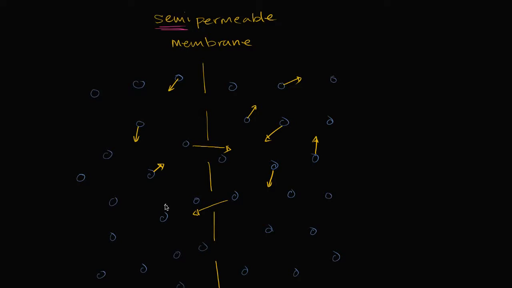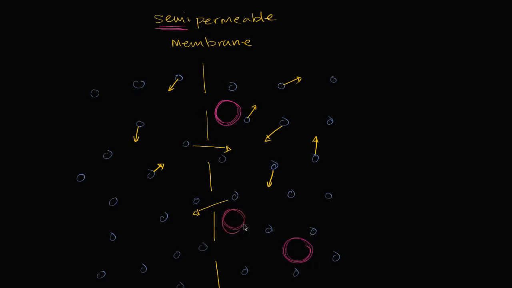But now let's make this interesting. Let's treat our water as a solvent, and let's put some solute in it. So let's dissolve some solute. Let's throw some solute particles here, and I'm going to make them bigger so you can see they would physically have trouble passing through these gaps. There are other ways you could have semi-permeable membranes that use charge to allow certain things to pass through and not others, but it's easier to visualize the size and think about the membrane as only allowing things of a certain size to pass through.